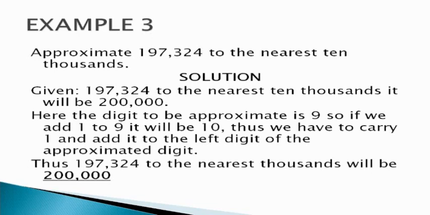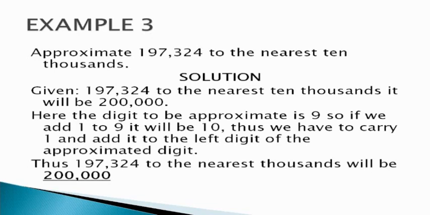So our answer will be 200,000. If we add 1 to 9, it will be 10. Thus we carry 1 and add it to the left digit of the approximated digit, and that left digit is 1. So 1 plus 1 you get 2.